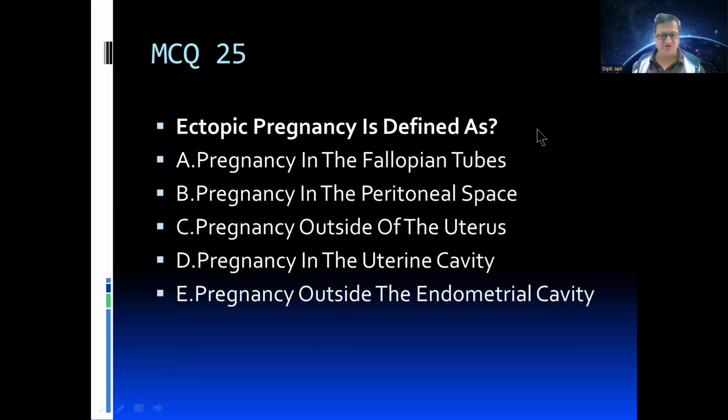Ectopic pregnancy is defined as pregnancy in the fallopian tube, in the peritoneal space, outside of the uterus, in the uterine cavity, or outside of the endometrial cavity. So ectopic pregnancy is defined as a pregnancy outside of the endometrial cavity.